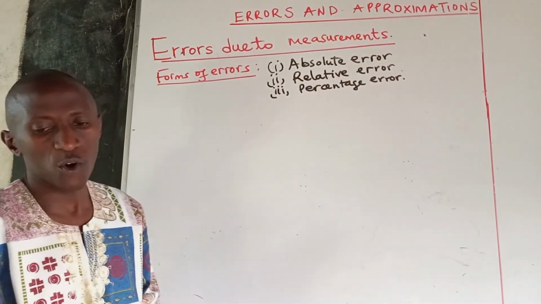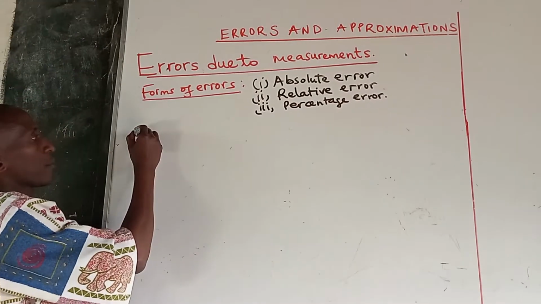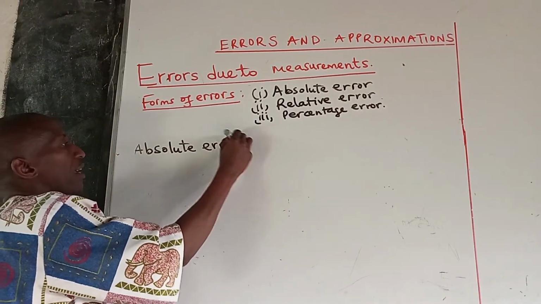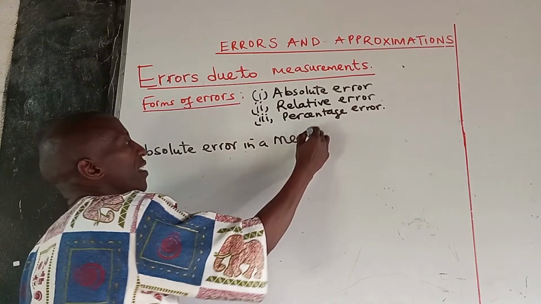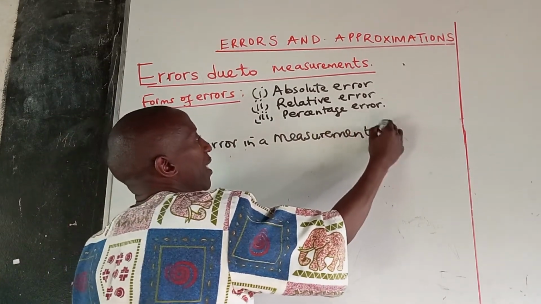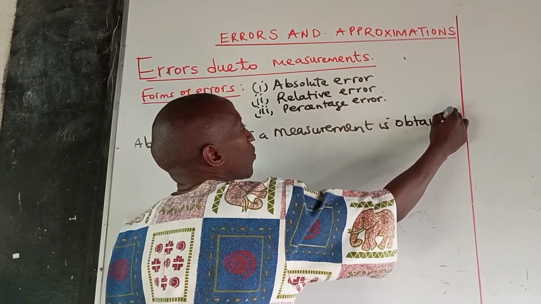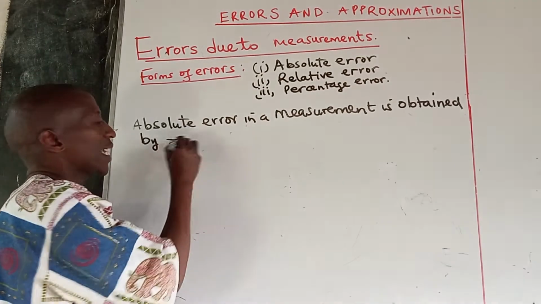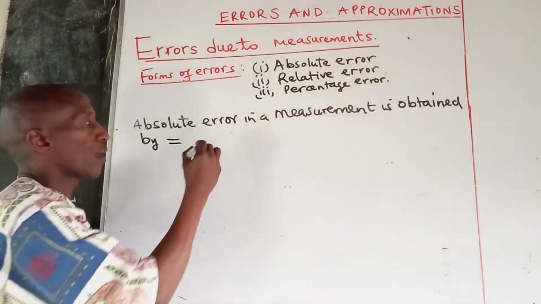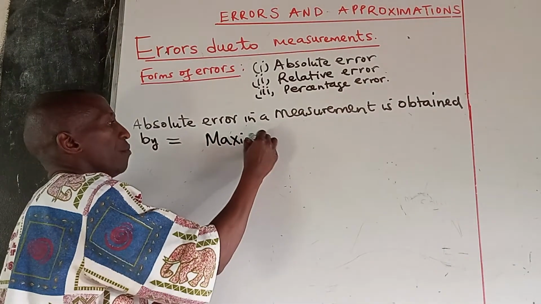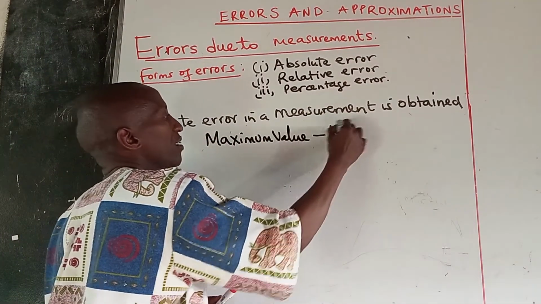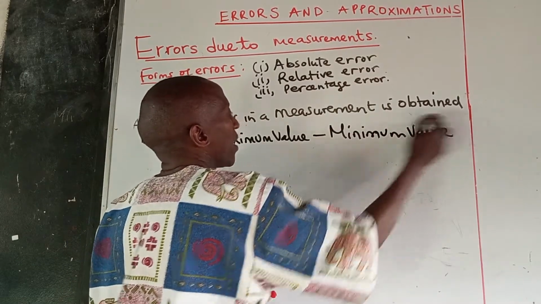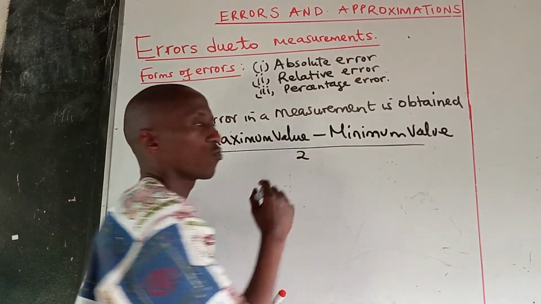Now, let's look at how do we get the absolute error. The absolute error in a measurement is obtained by taking the maximum value minus the minimum value of that measurement, and then you divide that by 2.